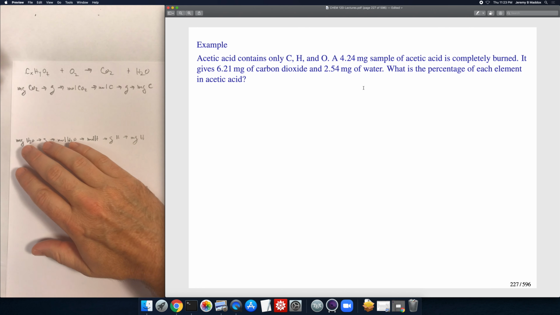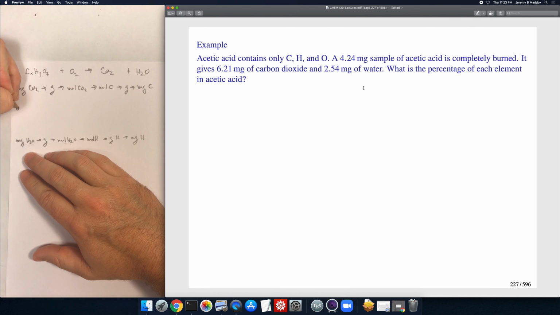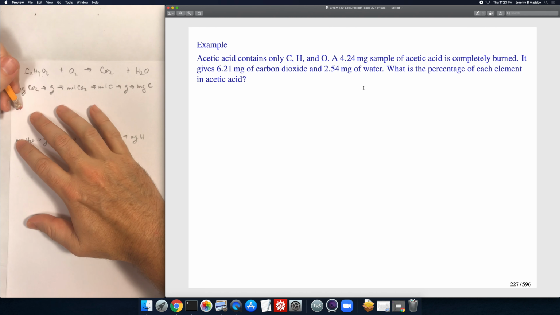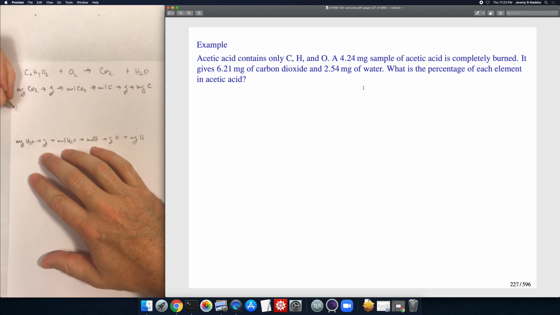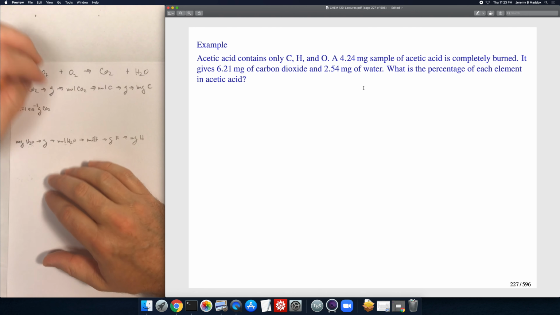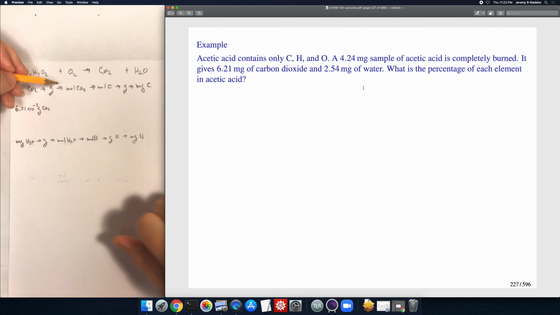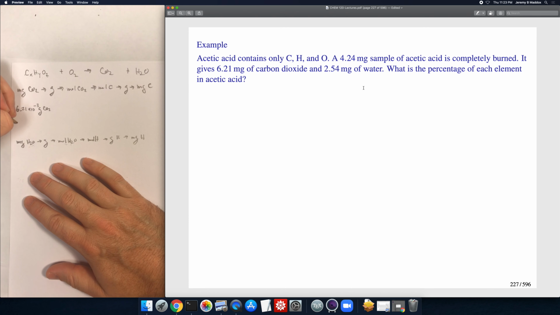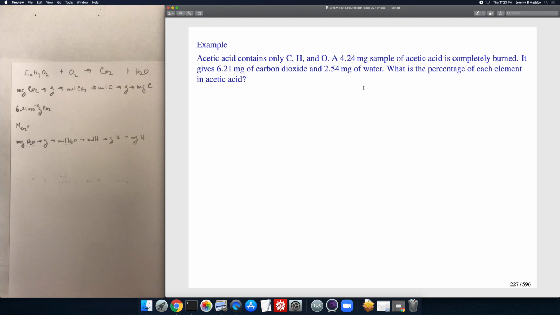We'll do 6.21 times 10 to the minus 3 grams of CO2. Okay? And to get the moles of CO2, we're going to need the molar mass of the CO2. So I'll calculate that really quick.